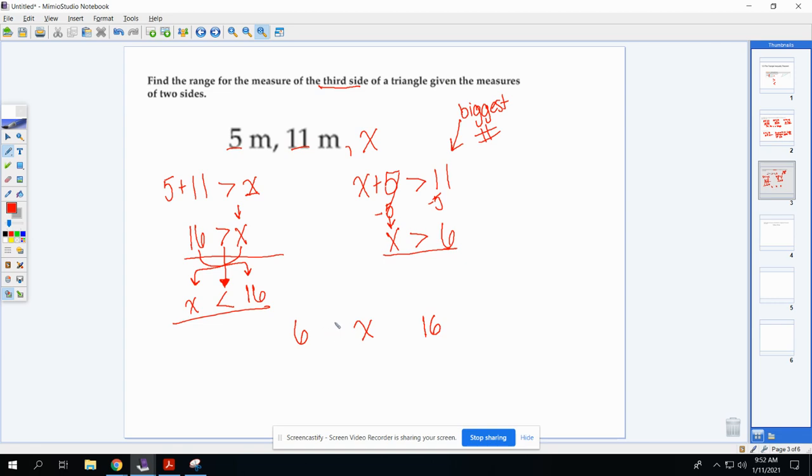The next thing we need to do is put two less than signs. Okay, so just remember small number in the front, big number in the back, x in the middle. And our final answer is going to include those two less than signs. And what this reads is this says 6 is less than x, which is less than 16. So this is our range for the measures of the third side of the triangle.